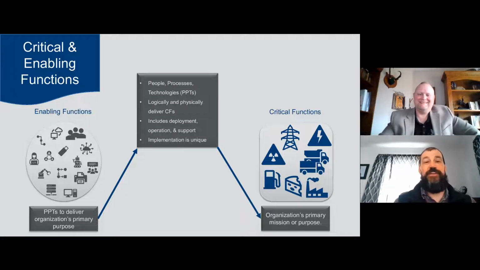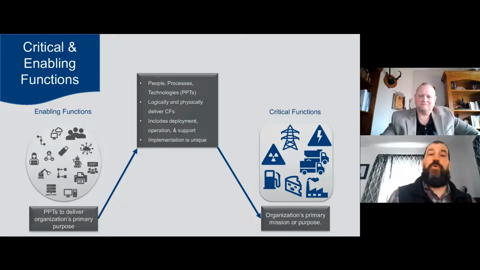But those kinds of things are exactly what we're talking about. If I'm thinking about security of some of these functions, I can break down these functions into what am I trying to do at this port? I need to unload stuff off of a boat and put it on trains or trucks.